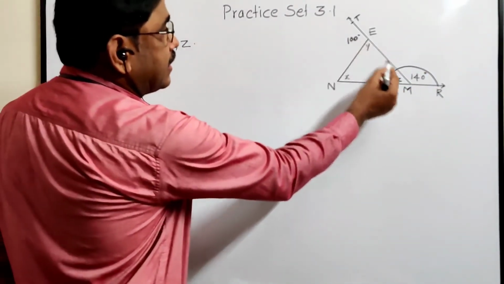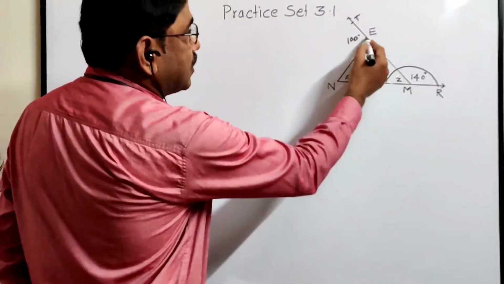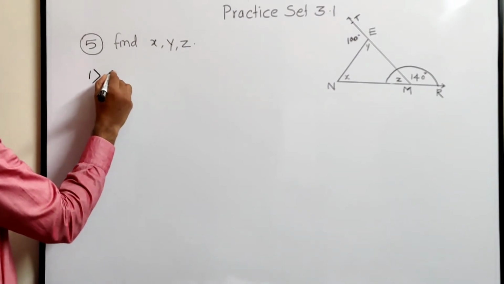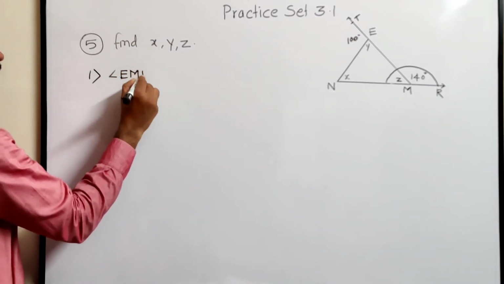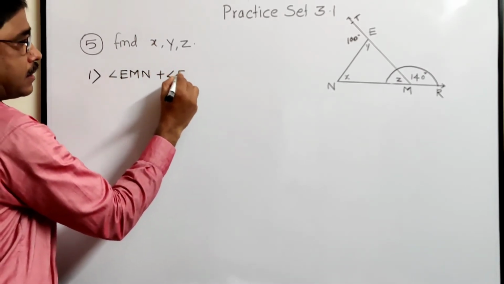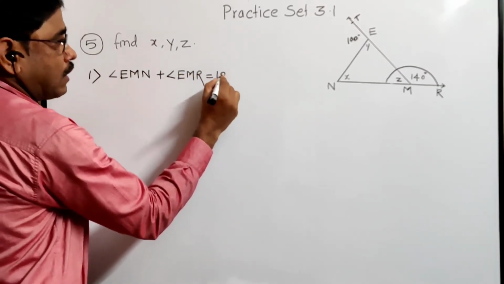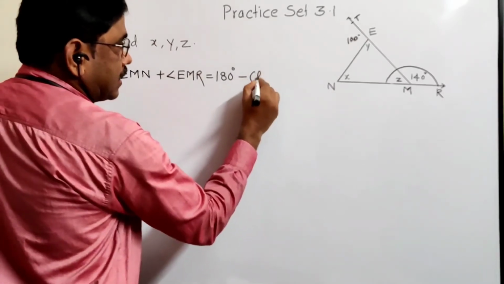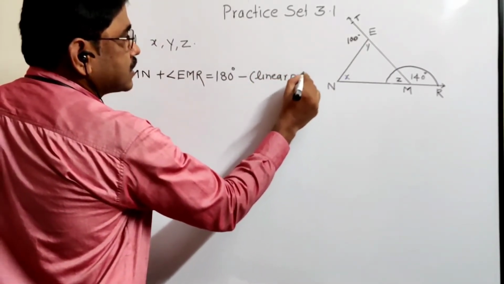Angle EMN, or Z directly. Z plus angle EMR. So here this is a linear pair. So angle EMN plus angle EMR is equal to 180 degrees. We can use any property here. Here it is a linear pair.